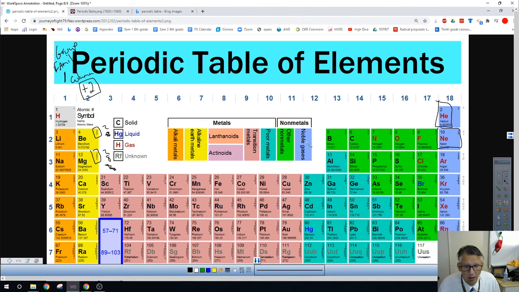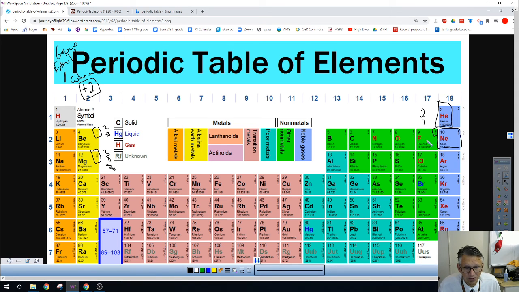Okay. Well, let's go over here and take a look at fluorine. Fluorine has 9, so that means it's going to have 2 in its first, 7 in its second, like it says right here. And in order to be happy, it needs to fill its outermost electron shell.